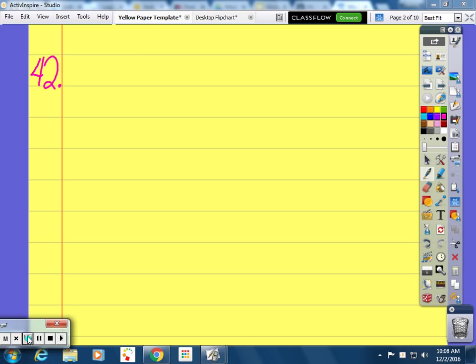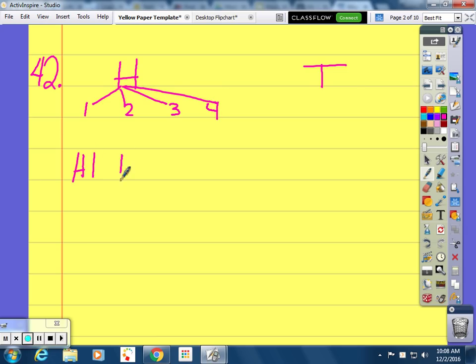So if I'm going to toss a coin, it can either land on heads or tails. The heads then, if I roll the pyramid, would either be a 1, a 2, a 3, or a 4. So I could get heads 1, I could get heads 2, I could get heads 3, or I could get heads 4.